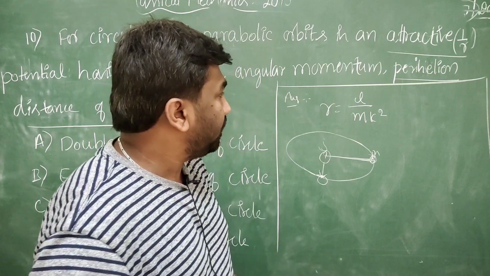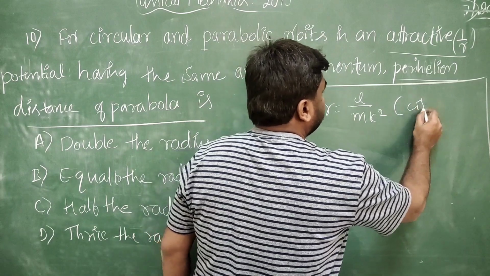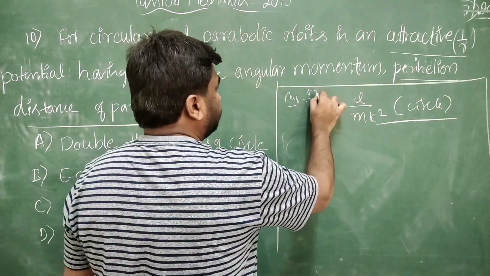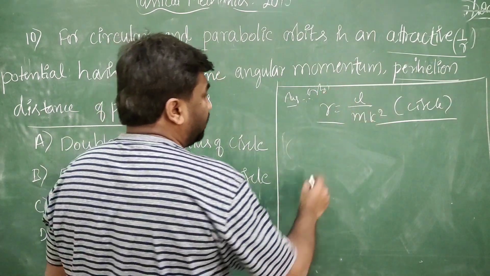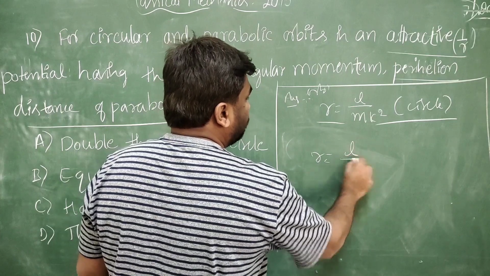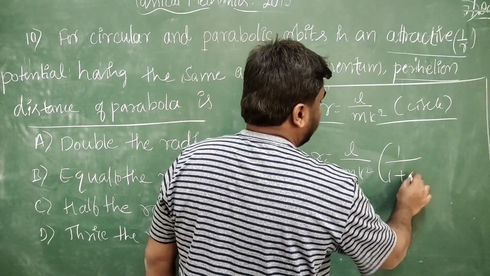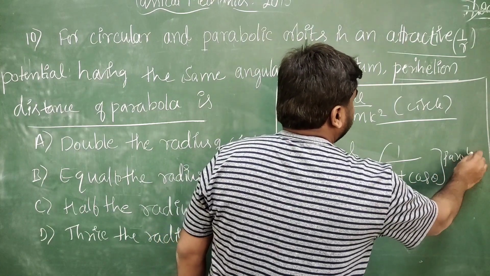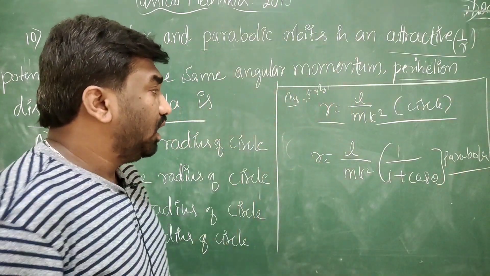Okay, so here if it is a circle, for the orbit r is equal to L divided by mk square, and if it is a parabola, r is equal to L divided by mk square into 1 divided by 1 plus cos theta. So this is for the parabola.